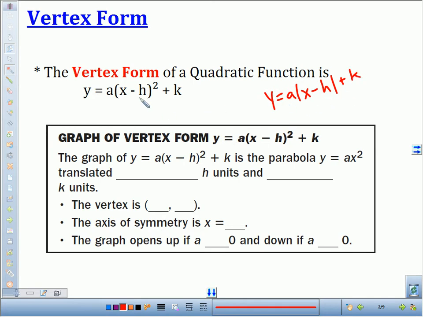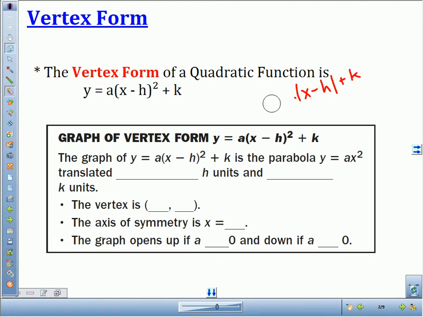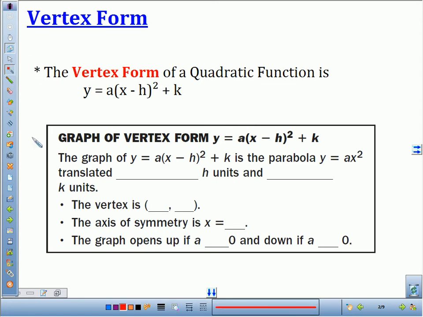Very similar to the vertex form of the quadratic function. In fact, the only difference is that instead of the absolute value of x minus h, it's (x minus h) squared. So what that means is that a lot of the things that are true of absolute value functions are true of quadratic functions. Now let's look at this a little bit more in depth.